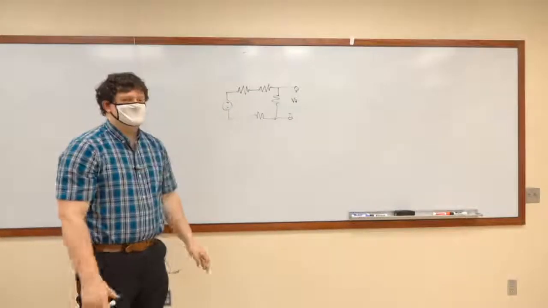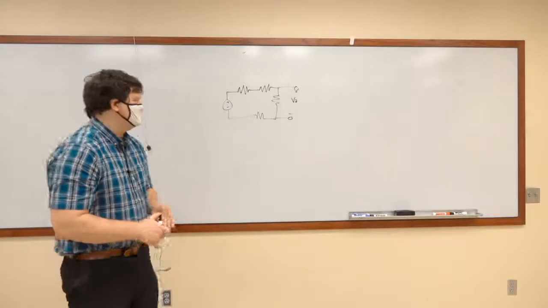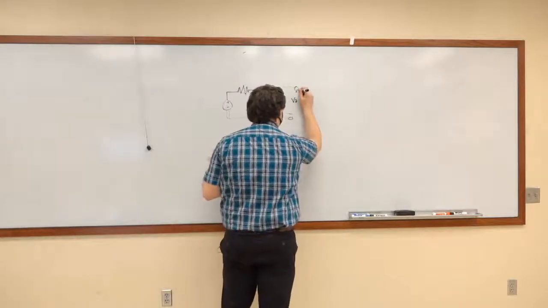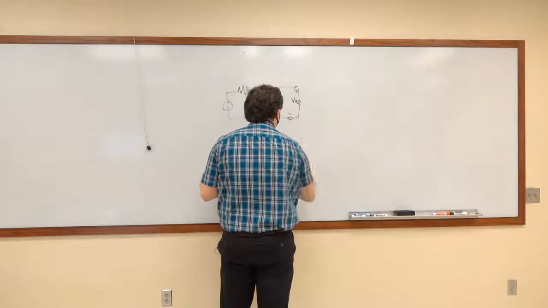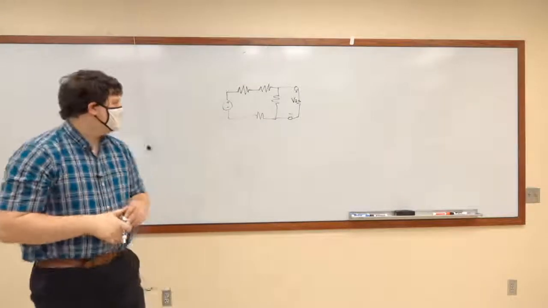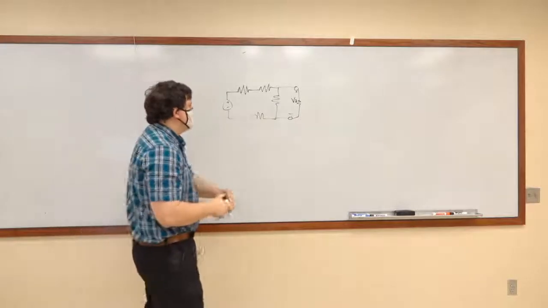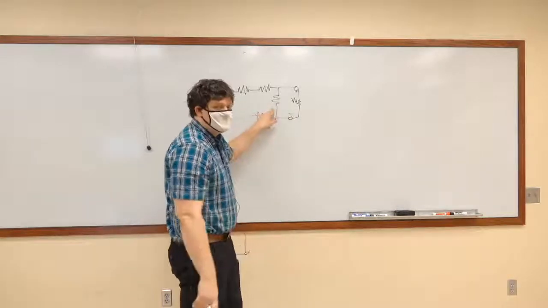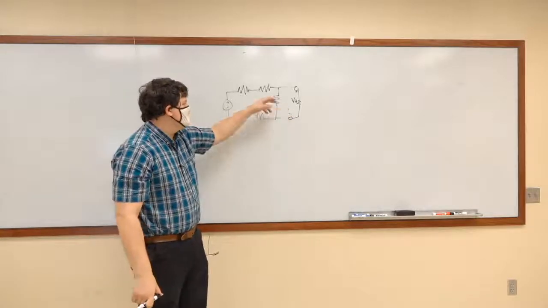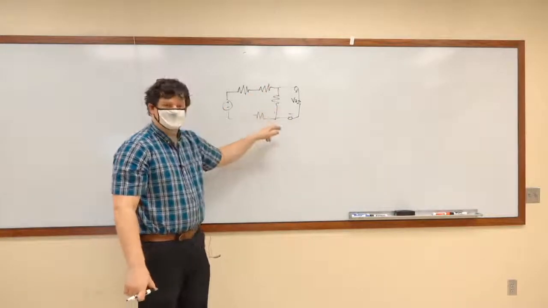The math for this starts getting a little ugly, because let's say across VA, across this gap, I want to plug in just one resistor. Well, as we've talked about in class, that now puts this resistor in parallel with this one, which changes the equivalent resistance between these two nodes.